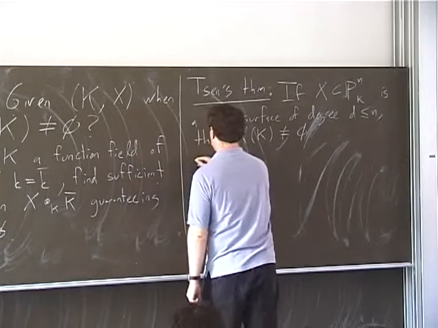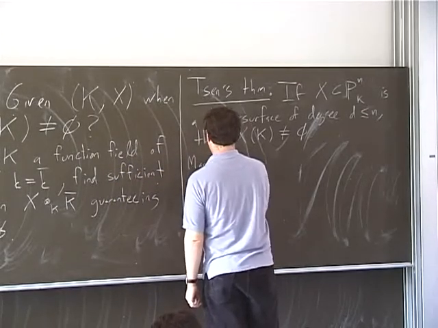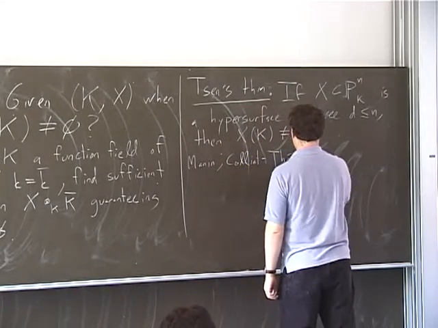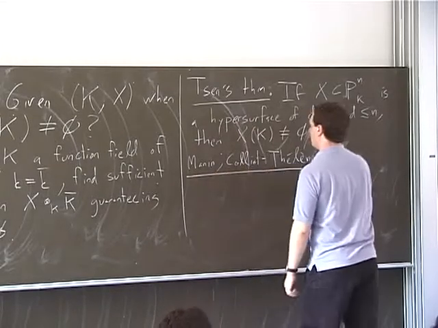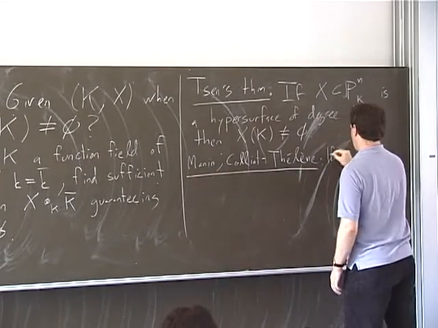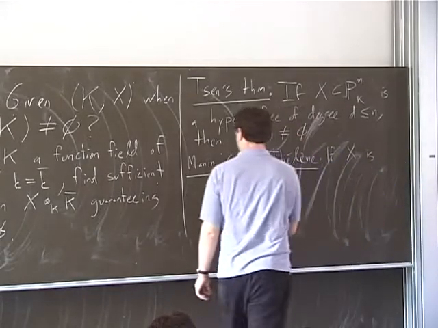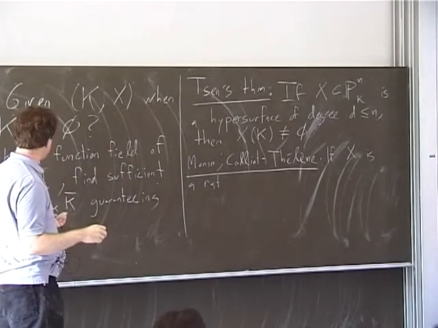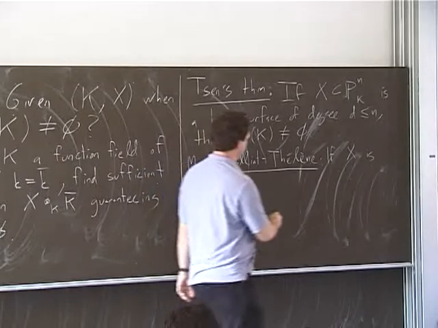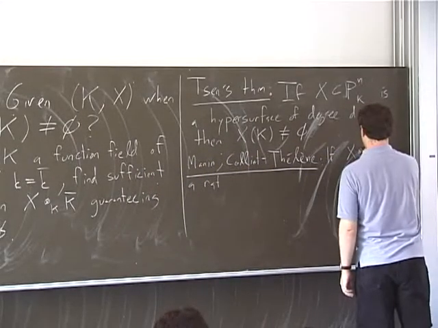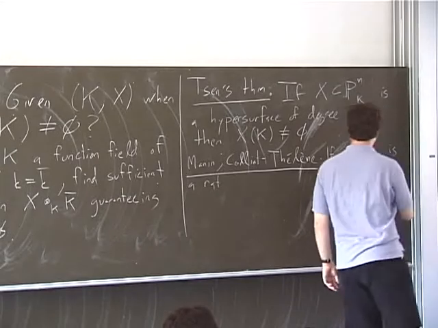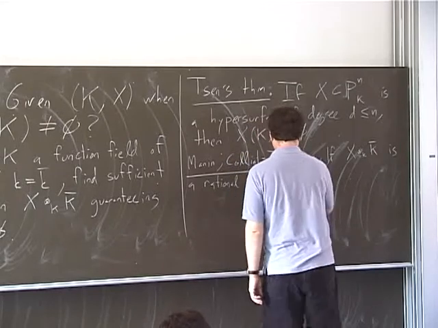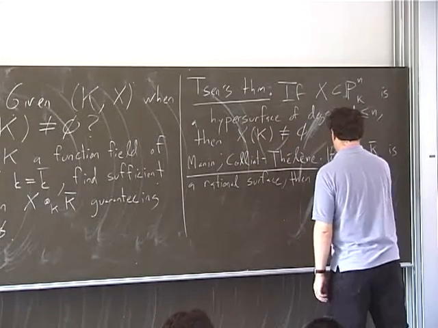There's a theorem proved partly by Manin and then finished by Colliot-Thélène: if X is a rational surface, and again what I mean by that is not necessarily rational over K, but its base change is, so let me make that clear, if the base change is a rational surface, then X has a rational point.